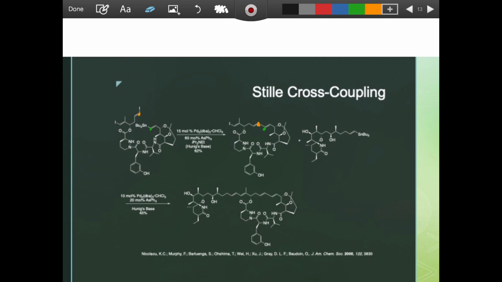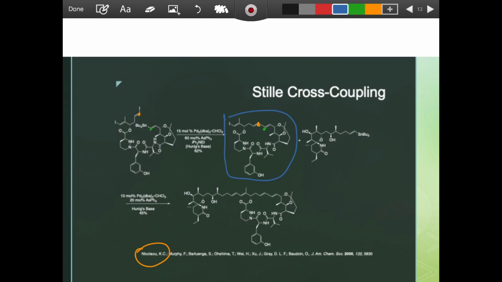One of my faculty members at the University of Pittsburgh was in the Nicolaou group when they did this reaction, and he said that no one thought the reaction was going to work, and they actually thought that someone snuck in and put the product in the flask because they thought there was no way this would work.